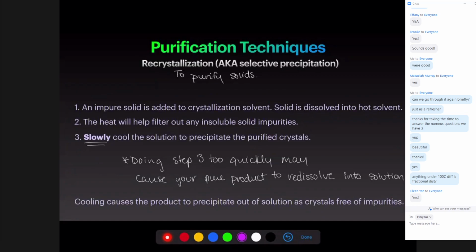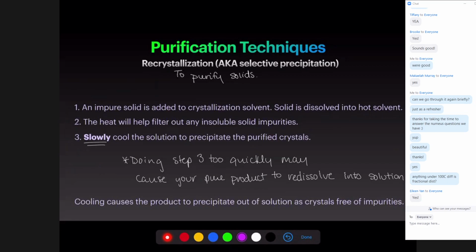Recrystallization, which is also known as selective precipitation, is used to purify solids. So first step is an impure solid is added to crystallization solvent. The solid is dissolved into hot solvent.